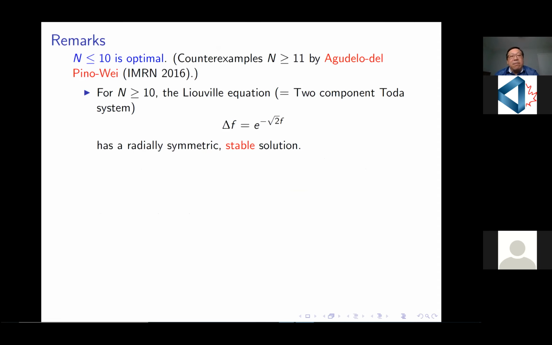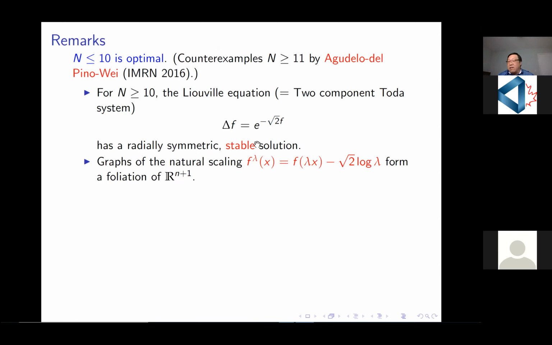All right, in this theorem, the dimension 10 is optimal. When dimension is 11 or higher, with Ruiz and del Pino, we have a counterexample. So what is the counterexample? In dimension 10, if you look at the Toda equation, which is like a two-component Toda system, the Toda equation has a radially symmetric stable solution.